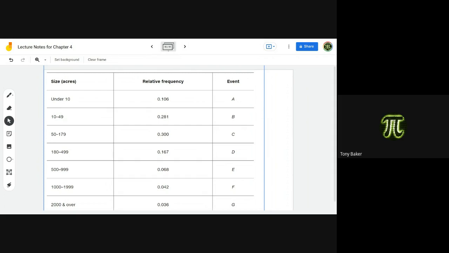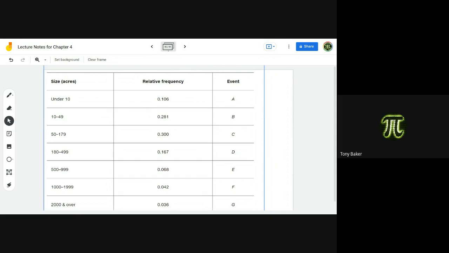So yeah, 0.385. You're going to add events A and B. Doesn't matter how I state my question. In the second question I asked, I said under 50 acres, and in the first one, I said over 1,000 acres. Doesn't matter how I asked my question.